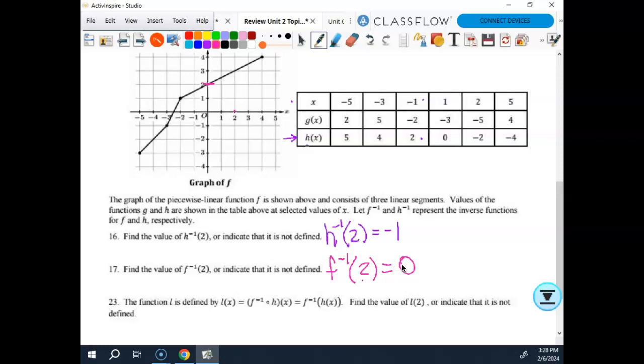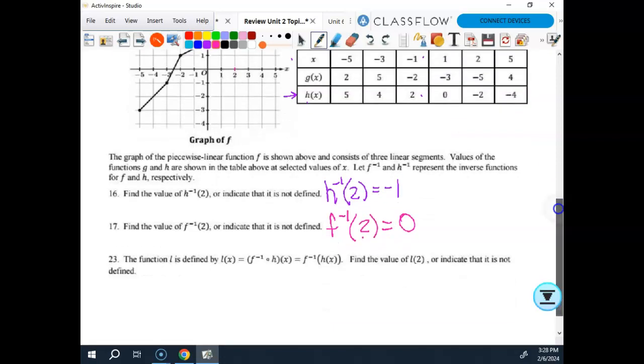Okay. Then 23, L is defined by this function. Find the value of L of 2. So L of 2 is equal to f inverse of h of 2.